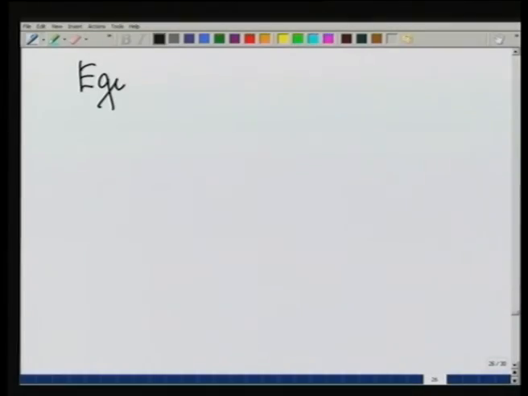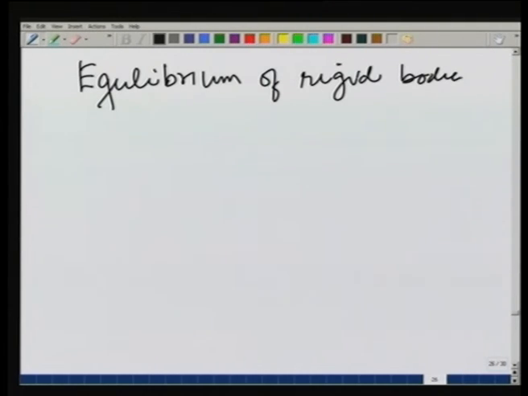So, to review this equilibrium of rigid bodies, and I emphasize these are rigid bodies because we have not allowed any deformation.